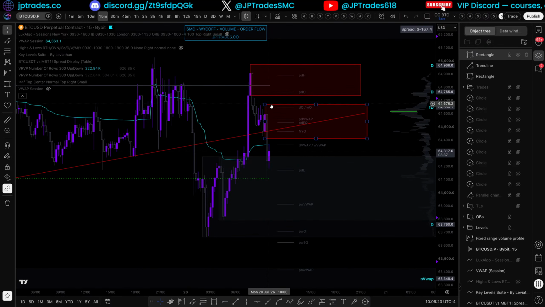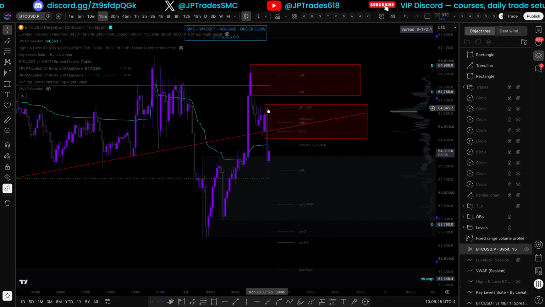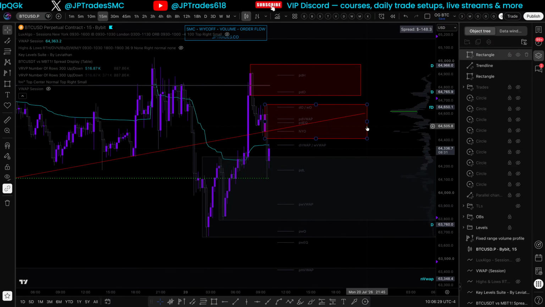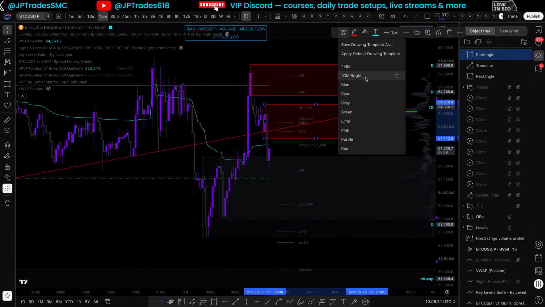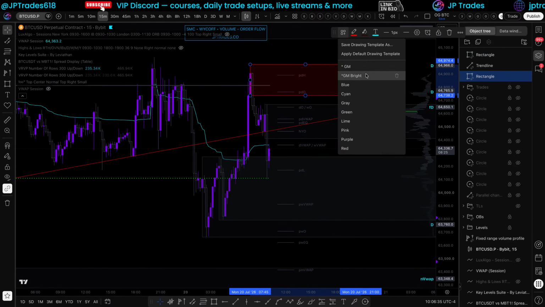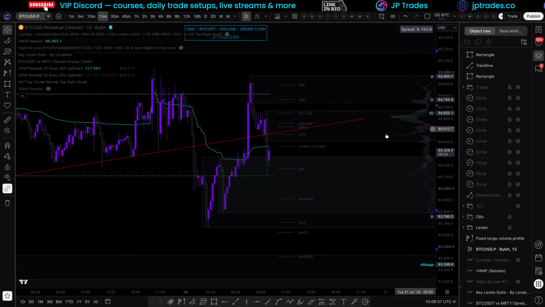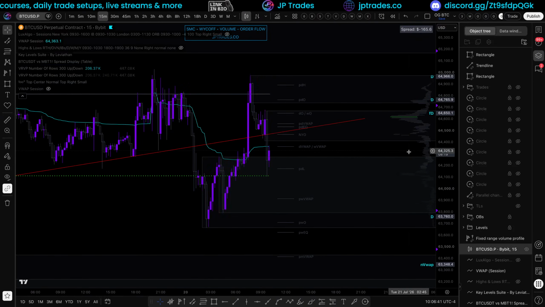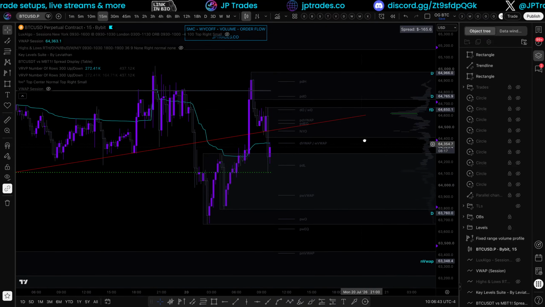And now this structure left inducement on this order block as well. So I'm going to be looking at both of these two for other potential short back test scenarios. Let's set some alarms up and wait to see if those get hit as well.